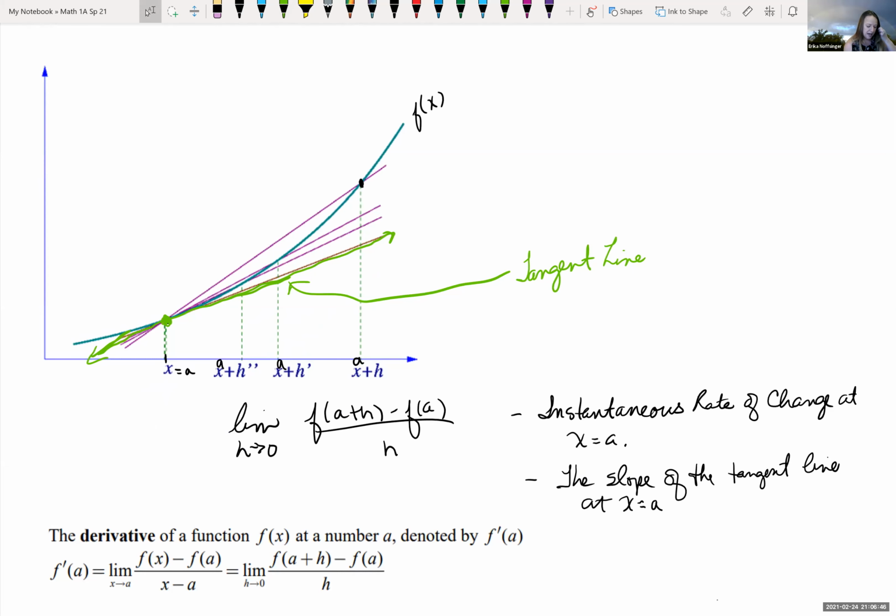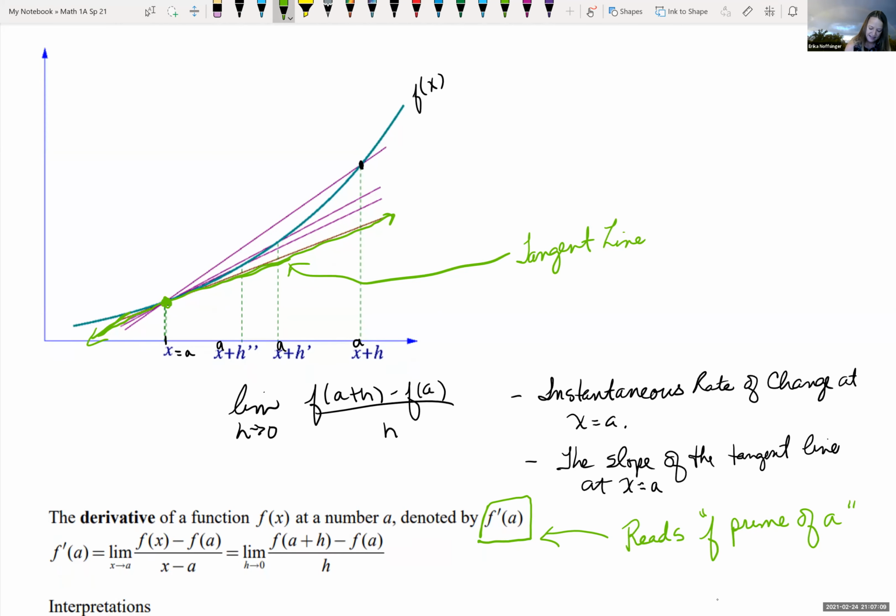Okay, so we already wrote this out, the derivative of a function f of x at a number a. We gave you new notation, this f prime of a, and that reads f prime of a.